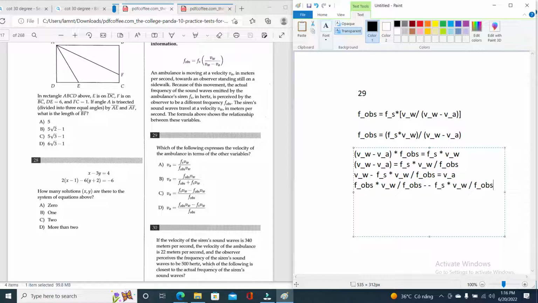Because F observed divided by F observed is just one, is equal to VA.